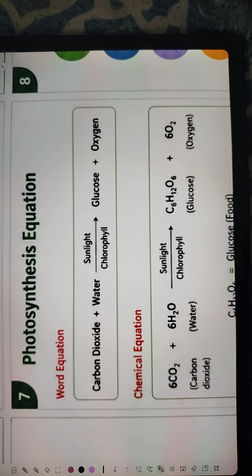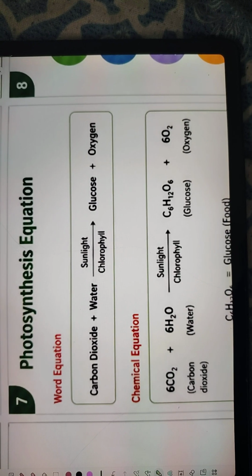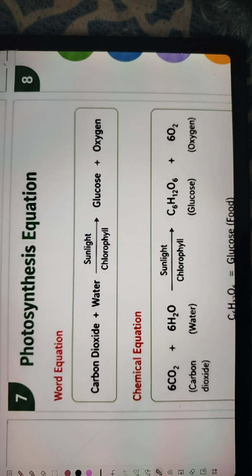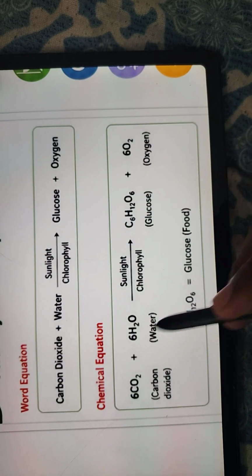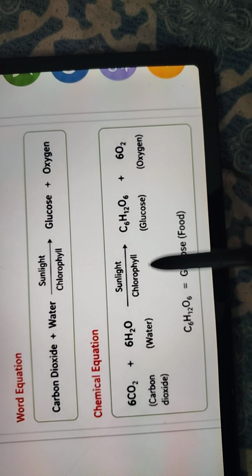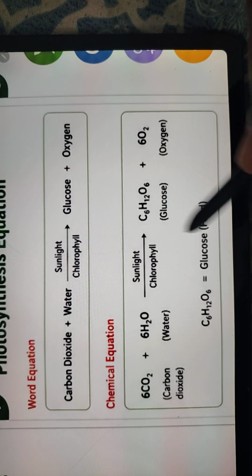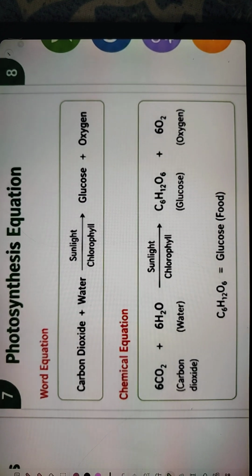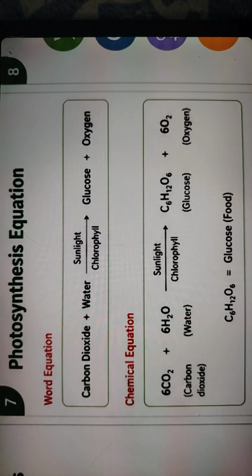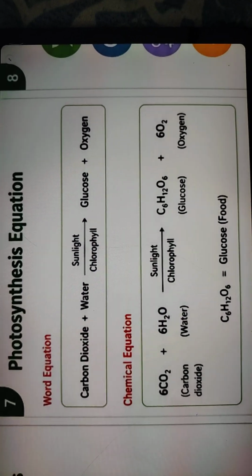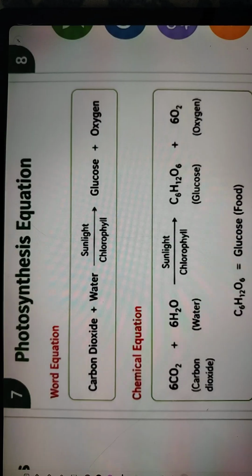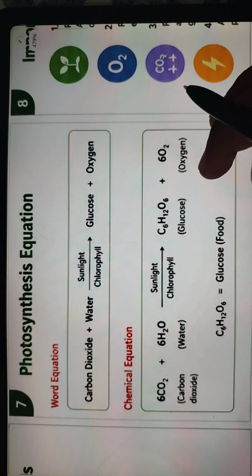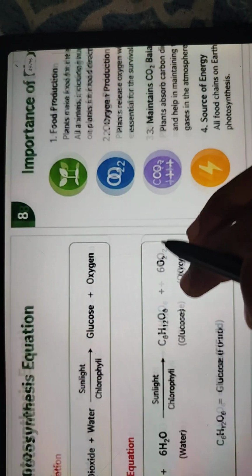So 6 molecules of carbon dioxide plus 6 molecules of water, that is H2O, gives rise to, with the help of sunlight and chlorophyll, glucose. So the chemical formula of glucose is C6H12O6 and 6O2, that is 6 molecules of oxygen. Okay, so glucose is the source of energy, it is food.